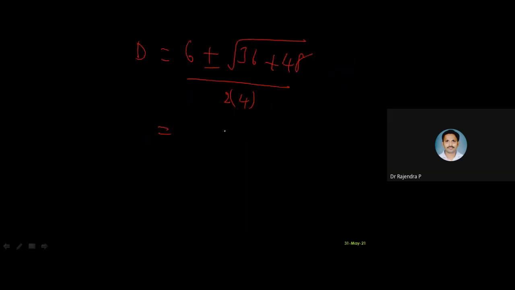Okay. So 36 plus 48, what is that value? 84. 84 means what will we get? I can take 2 common. 84, is there any?